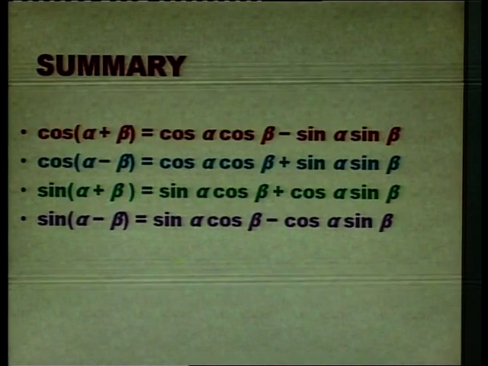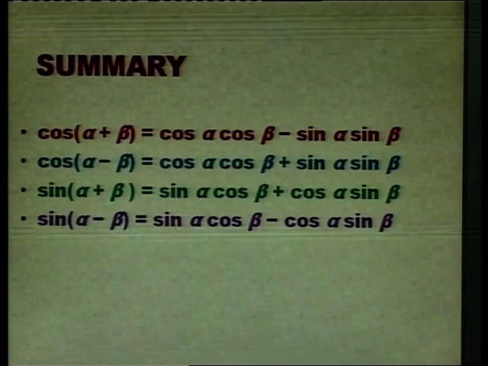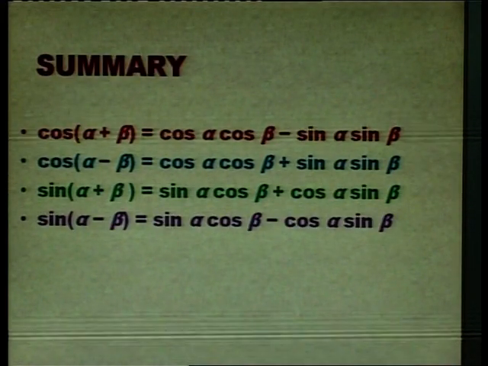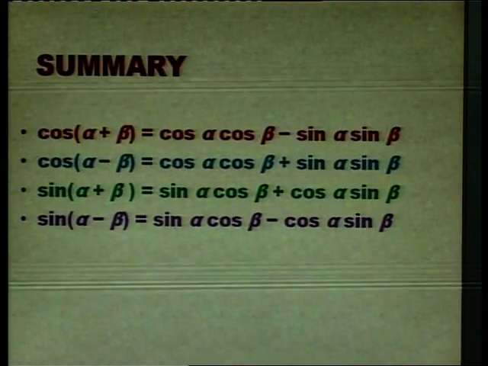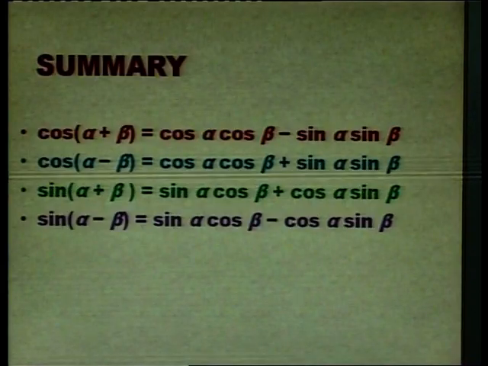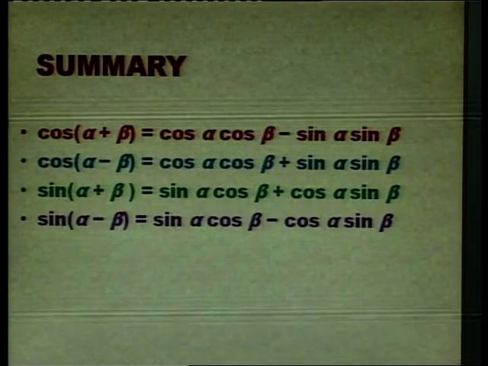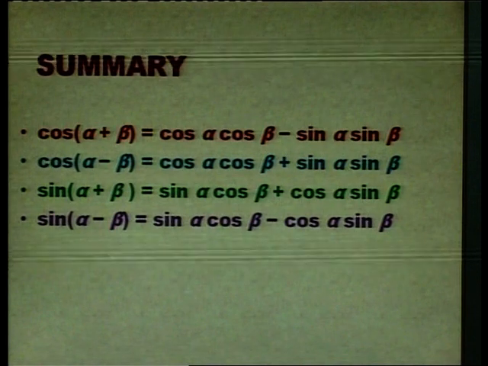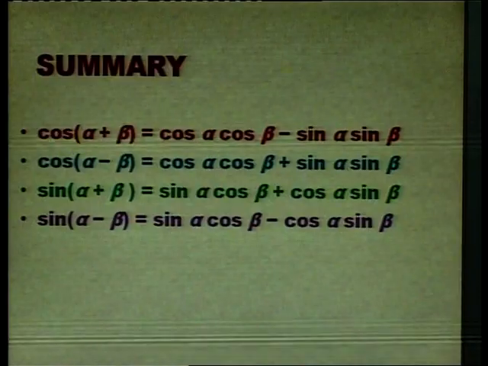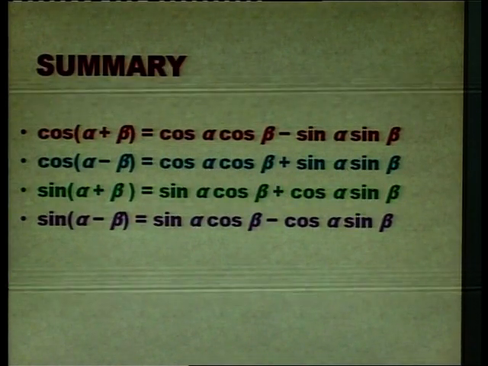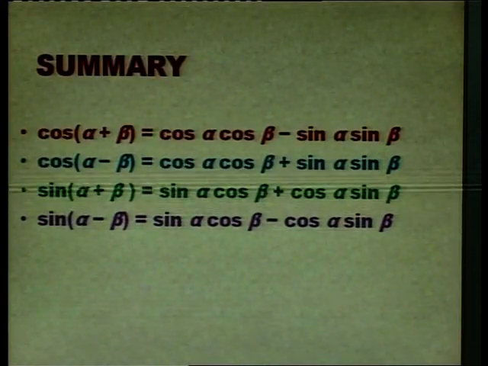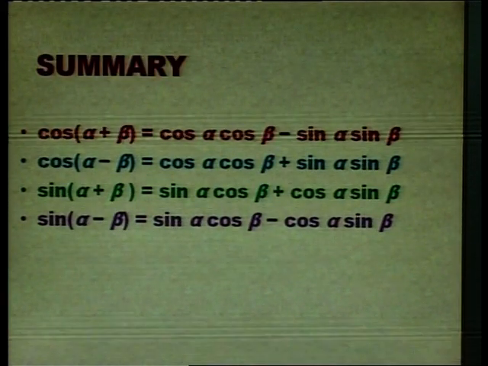But in the last two formulas, if plus is on the left hand side, then plus is occurring on the right hand side also. Similarly, corresponding to minus on the left hand side, minus is occurring on the right hand side also. And of course, the nature is also changed. In the first case it was cos cos sin sin, cos cos sin sin in the second case. Here it is sin alpha cos beta, means sin cos cos sin. So, this is just the way to remember these formulas, they are very trivial.